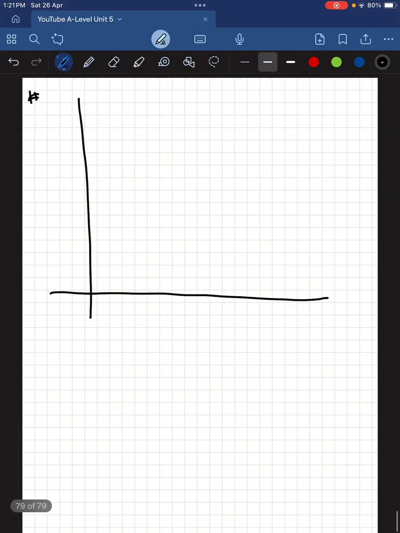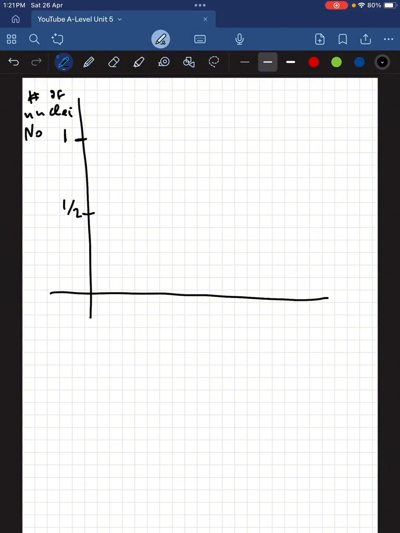Now, if we plot these findings in a plot where we have the number of nuclei, N naught, on the vertical axis. So that's N naught.